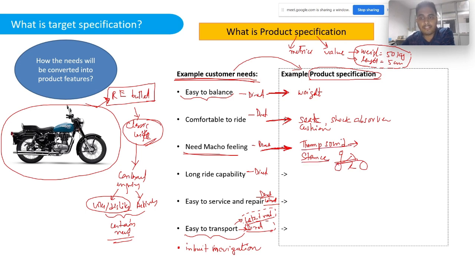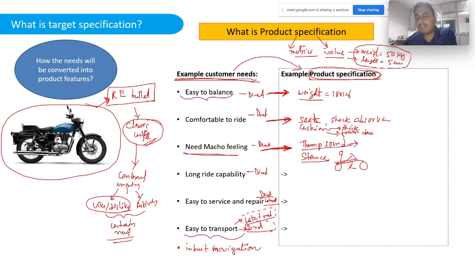But when we talk about product specification, we have to talk in terms of metrics and values. So weight is a correct metric, as you said. You need to define certain values, for example, 180 kg. Similarly, seat cushion means either the foam density or the thickness of the foam.